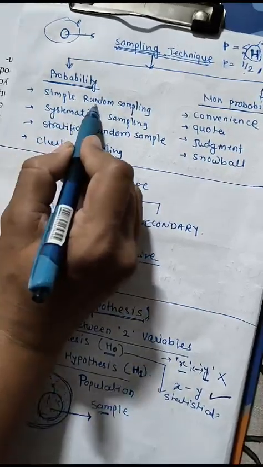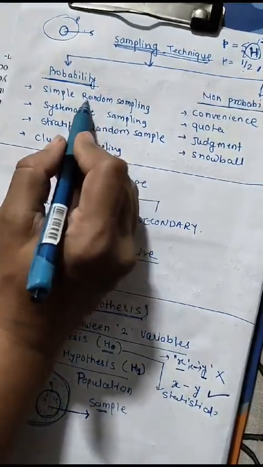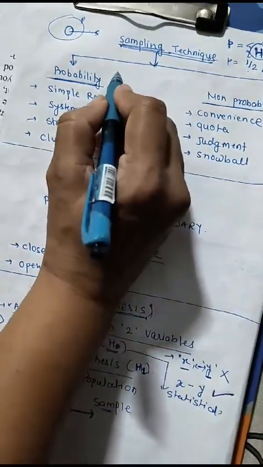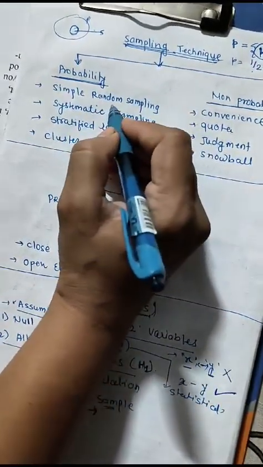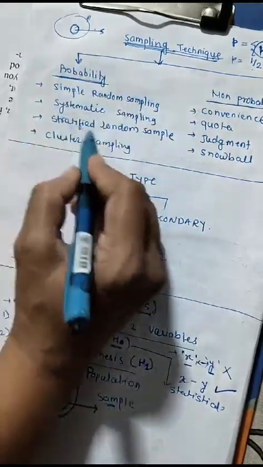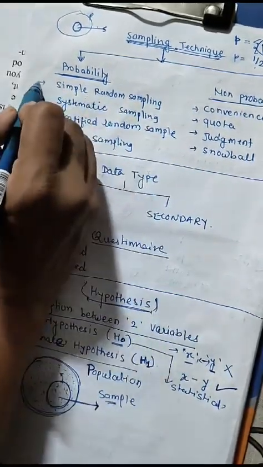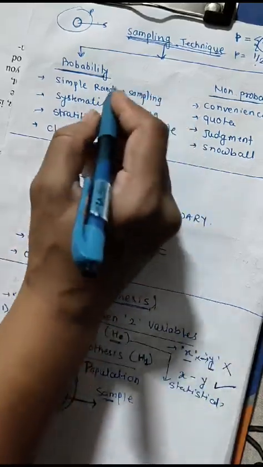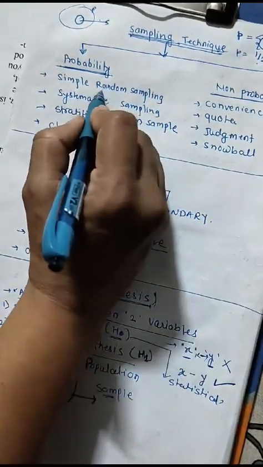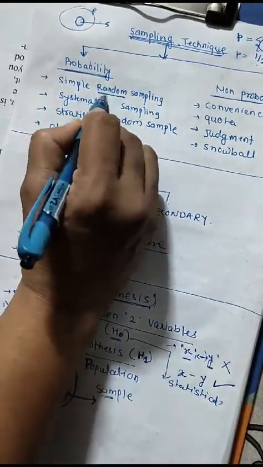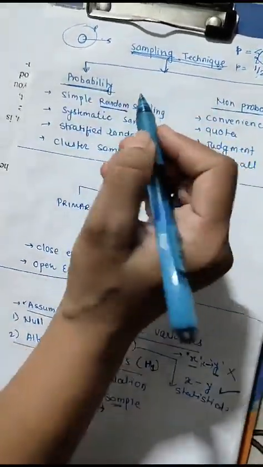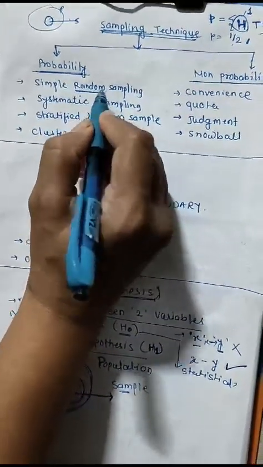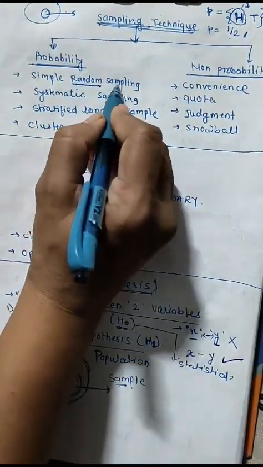The first one is simple random sampling. If we simply choose a sample randomly from that particular population, that is simple random sampling. There is no particular way to select the samples; if the researcher just takes them randomly, that is simple random sampling.